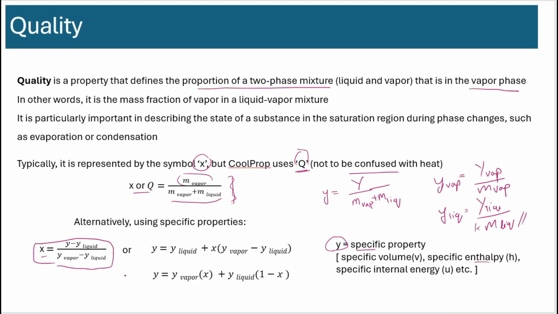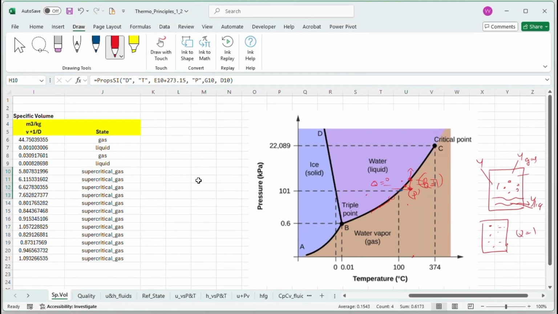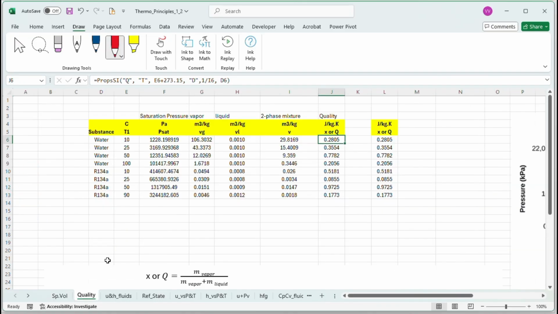Okay. All right. So let's look at this in CoolProp. So go to the Quality tab. Here, what I've done is I've given you saturation conditions for water and R134A refrigerant at different temperatures. So we have a temperature, then we have a saturation pressure, and then we have calculated the specific volume of gas by choosing Q is 1.